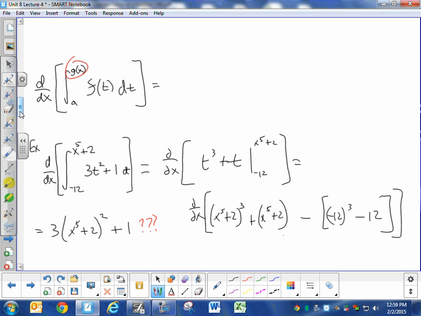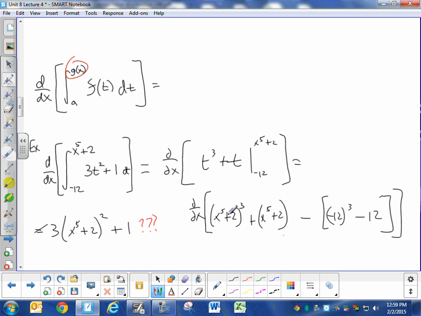I'm now ready to take the derivative of this stuff. So my hope was that the answer is just 3 times x to the fifth plus 2 squared plus 1. Well, if I take the derivative of this stuff, am I going to get this?